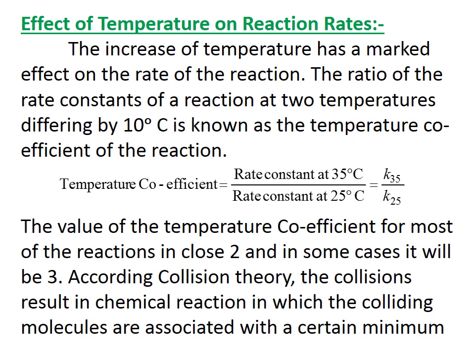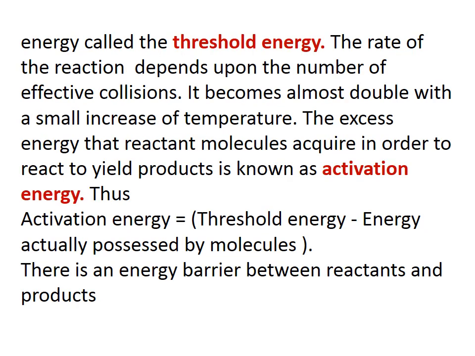The value of the temperature coefficient for most reactions is close to 2, and in some cases it is 3. According to collision theory, a collision results in a chemical reaction when the colliding molecules are associated with a certain minimum energy called threshold energy. The rate of the reaction depends upon the number of effective collisions.